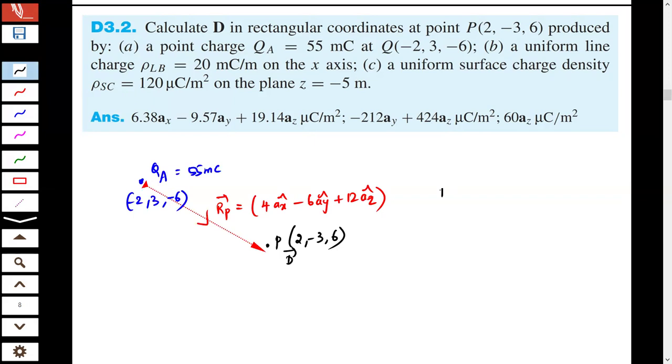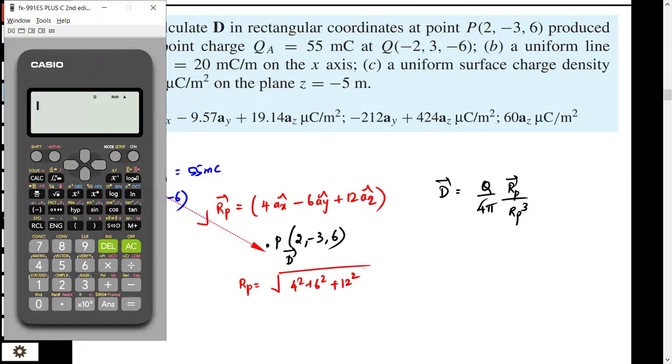Flux density D vector due to point charge is Q by 4 pi into vector Rp divided by Rp cube. So we should find the magnitude of Rp, which is under root 4 square plus 6 square plus 12 square. We can compute using a calculator and see. So under root 4 square plus 6 square plus 12 square is 14.